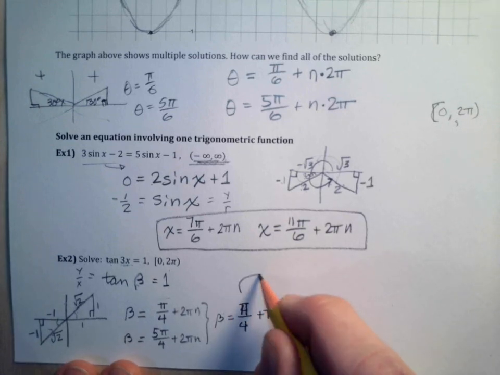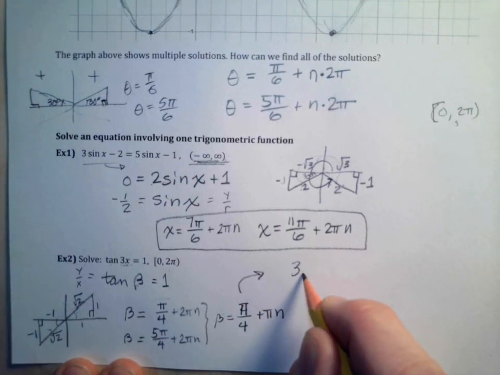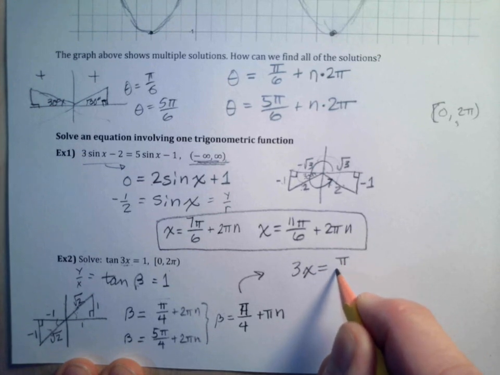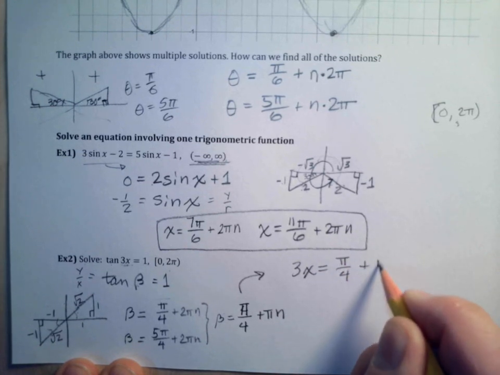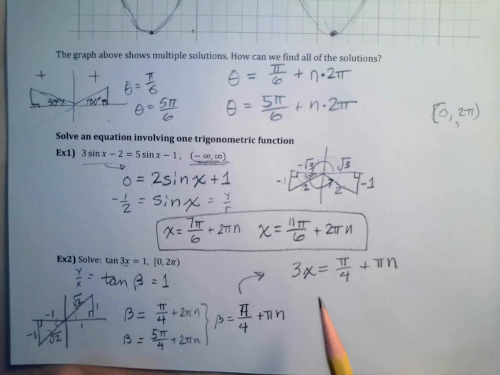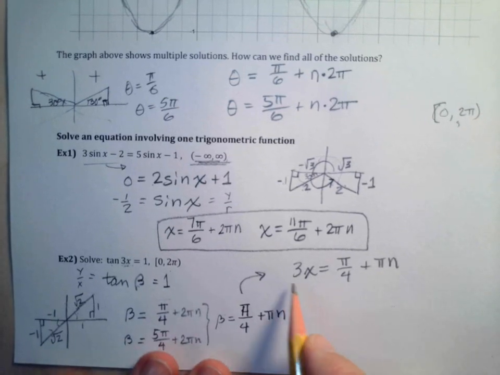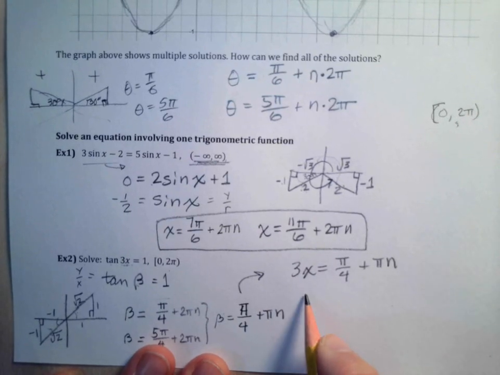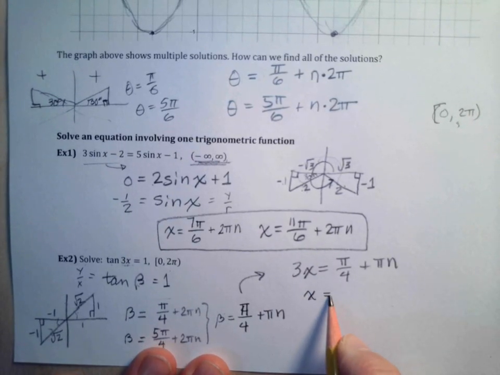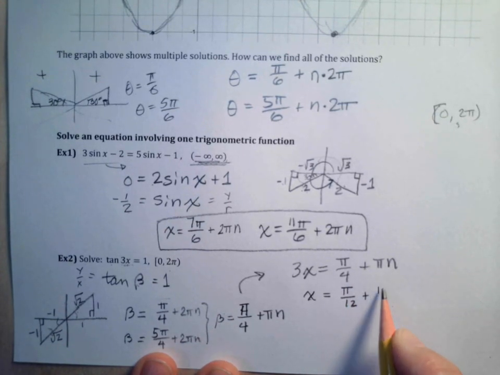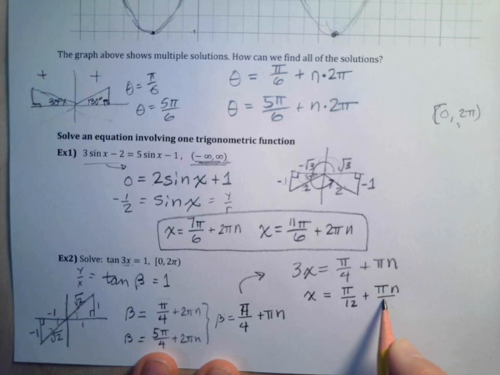So now we write it as 3x is equal to pi over 4 plus pi n. And now we solve this for x because that's ultimately what we're interested in. So we divide everything by 3, so we get x equals pi over 12 plus pi n over 3.